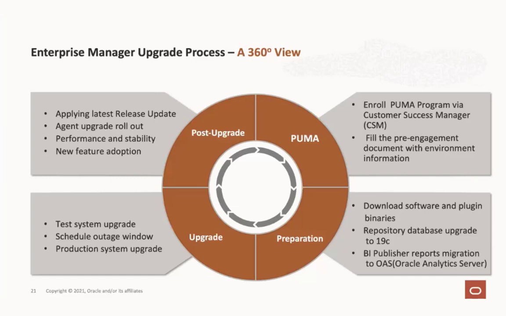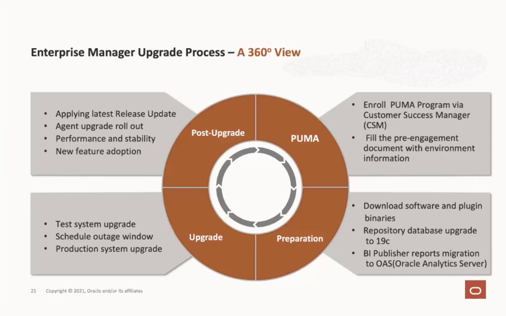The other important thing is the database upgrade, and how you plan for it. Once you upgrade your database, you have to ensure that your existing environment works with that database before you plan for the upgrade to 13.5. So preparation and planning play a very important role so that you get a successful upgrade. Once you're done with the preparation and planning, what's the next step?